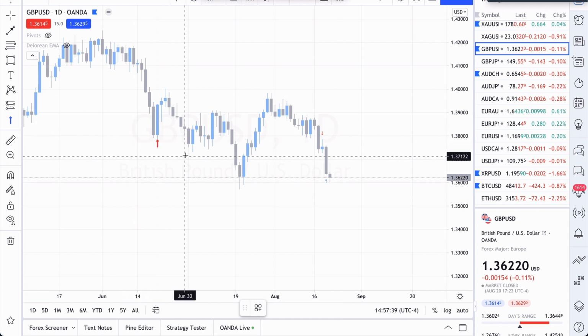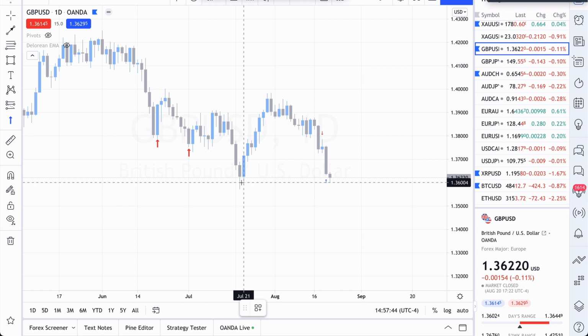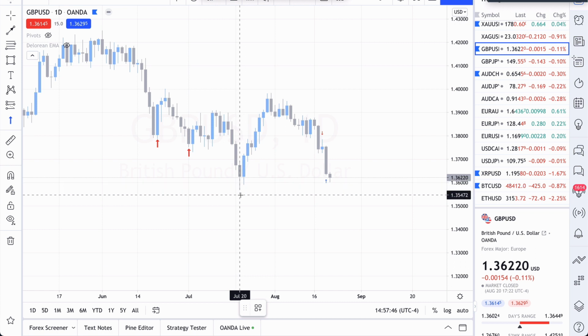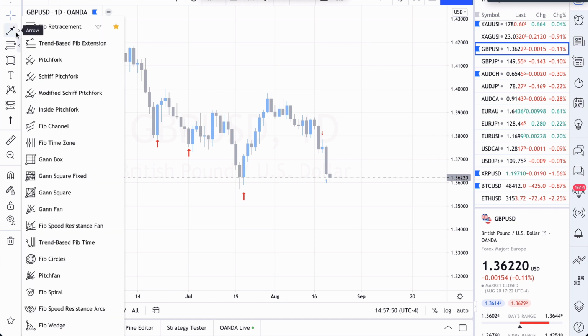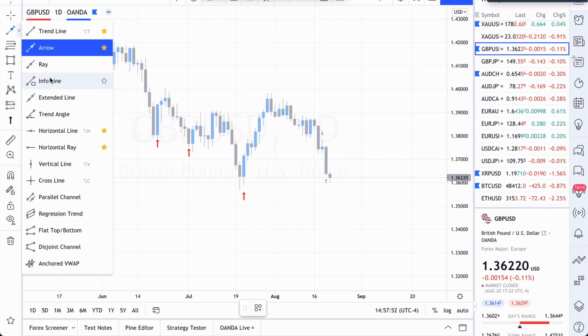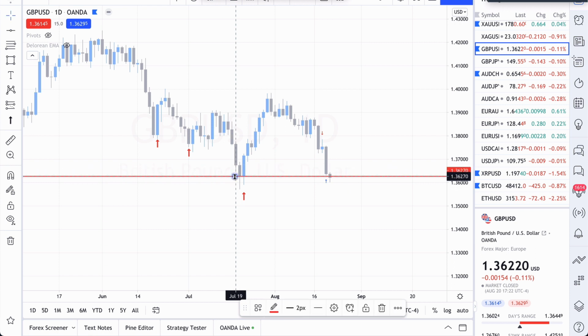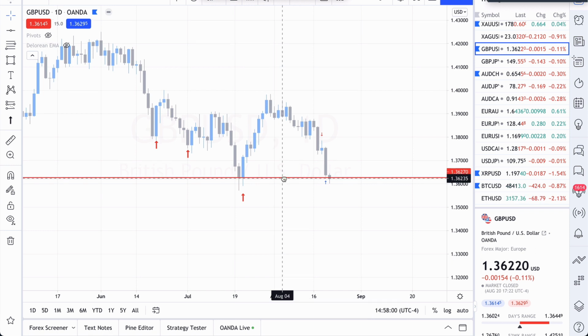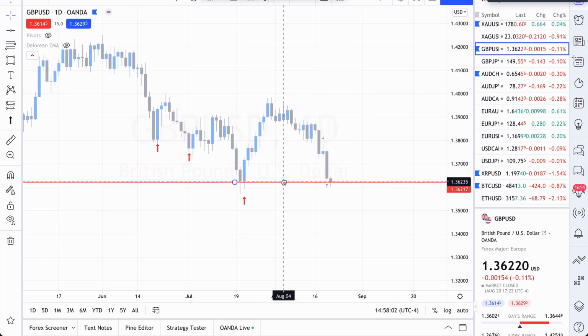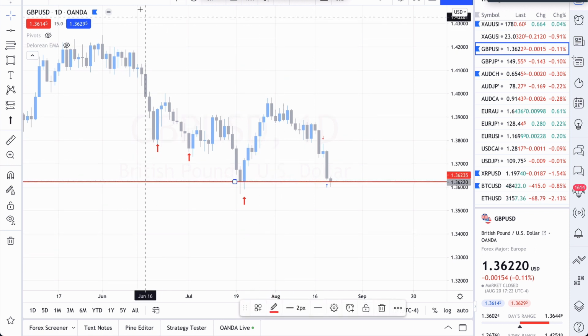There's one. There's one. Here's the most recent right here. So even without fibs, I trade breakouts. I would wait for price to break below, and when I say break, it has to close below this line.